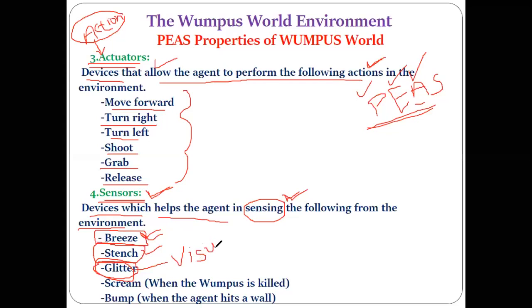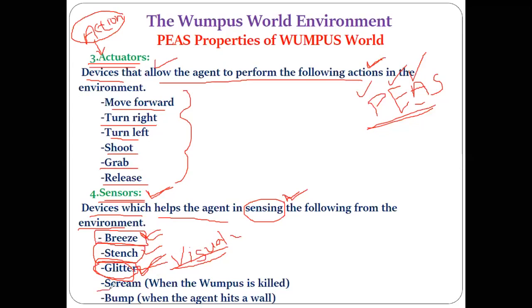To detect any kind of obstacle in their way, or to detect some specific kind of vision, yes or no? Now, golden rays are coming from the environment. In order to detect that, there is a need for a visual sensor, so that the glittering rays can be detected by the AI agent or the knowledge-based agent. Understood? For that purpose, the visual sensor will be required.